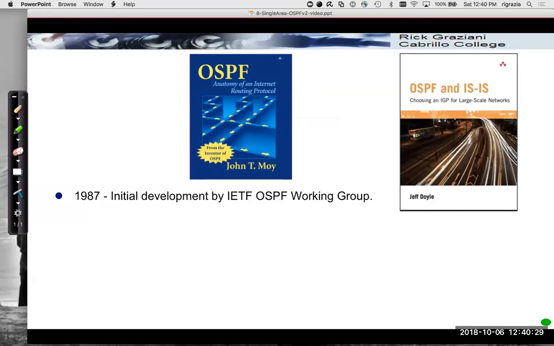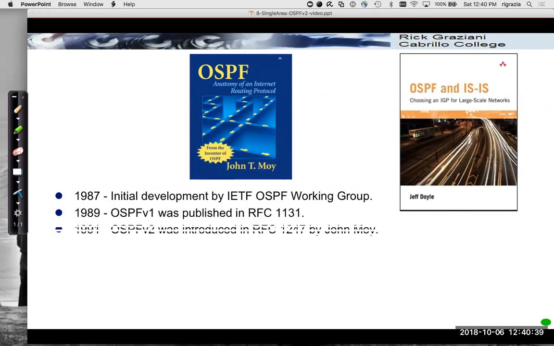OSPF was initially developed in 1987 by an IETF working group. OSPF version 1 was published in RFC 1131, and OSPF v2 in 1991. John Moy has done the prominent work on that routing protocol.